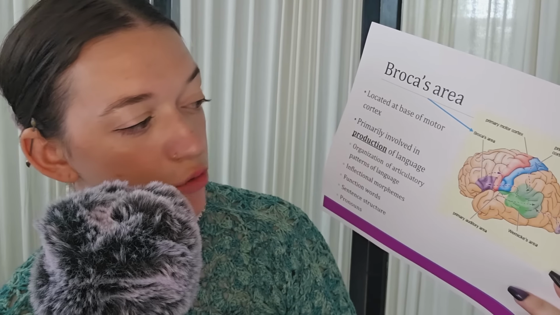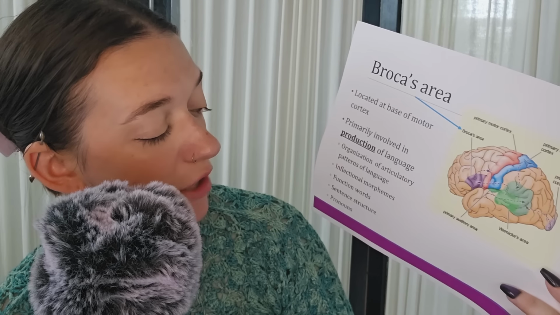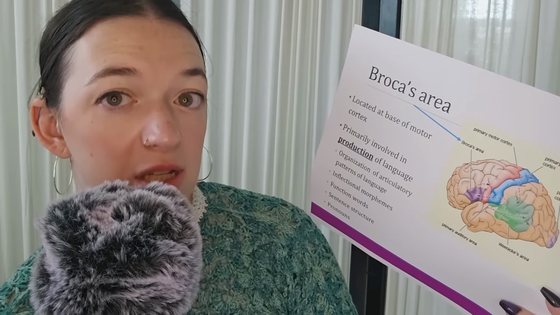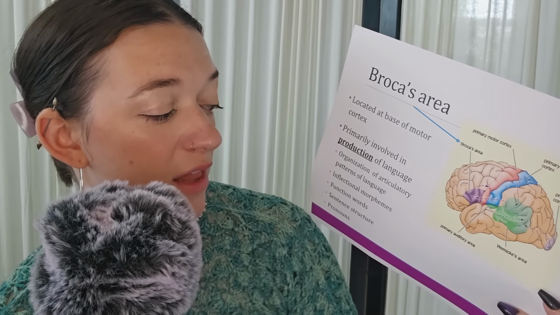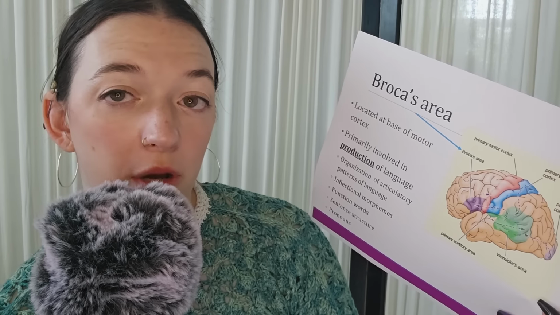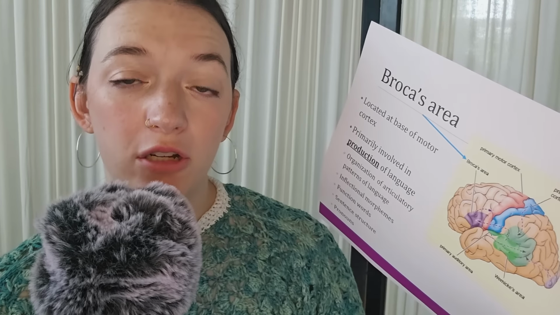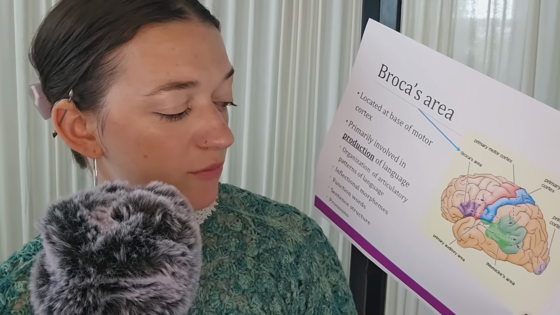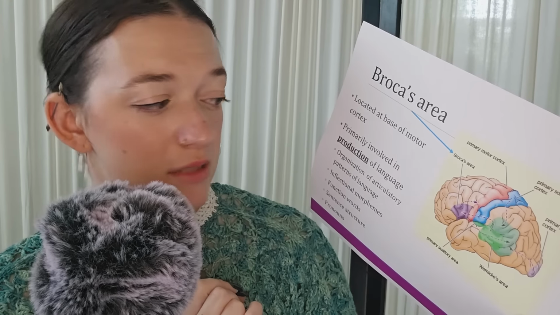Broca's area is responsible for the organization of articulatory patterns of language, inflectional morphemes, which we've talked about in the morphology video, things like function words, so not contentful words, but things like articles, prepositions, determiners in English, sentence structure, and pronouns.